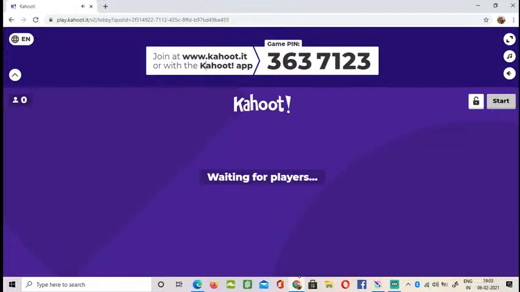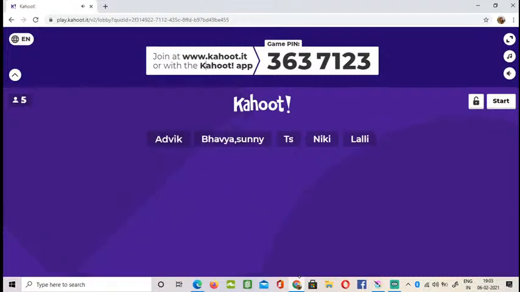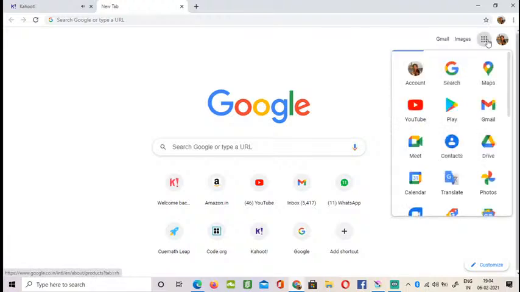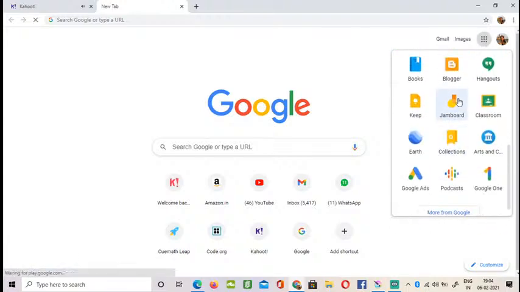After we get some players, I will explain 2 to 3 tricks, like how you should do them. Okay, we have got players: Lalli, Nikki, TS, Bhavya and Sunny. Advik, Nandu, I'm getting players. I'll open my Jamboard. Before that, you can join.